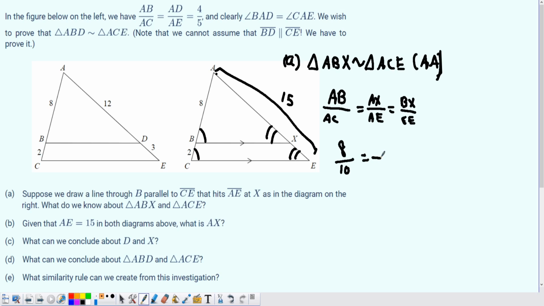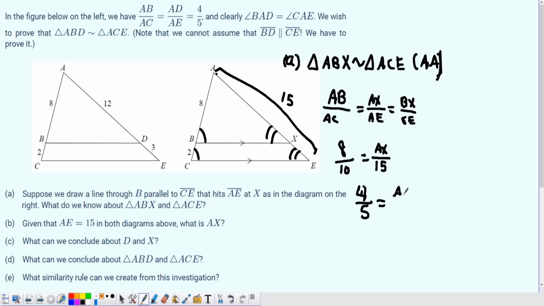That is equal to our unknown AX over AE, which is 15. So, how can I simplify? The first thing I notice is that this fraction can definitely be reduced to 4/5, to make my math a little bit easier.